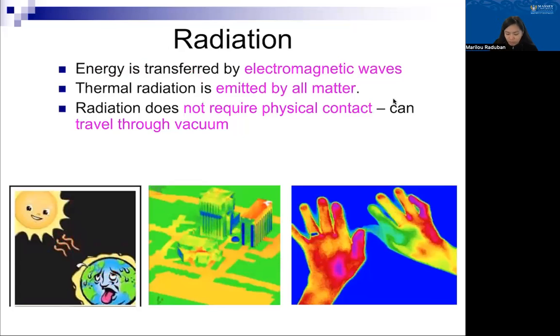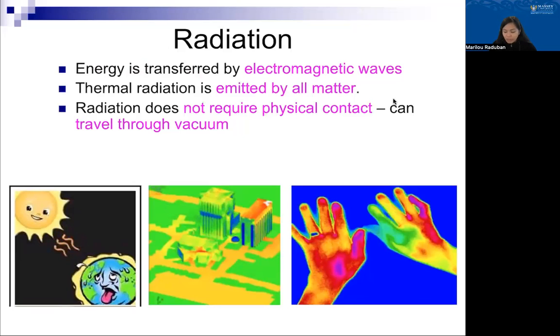But heat transfer by radiation is the propagation of the electromagnetic waves that transfers the energy from one point to another. And electromagnetic waves can propagate through space, through vacuum, and so you don't need physical contact. So that's the main difference between heat transfer by radiation and by conduction.